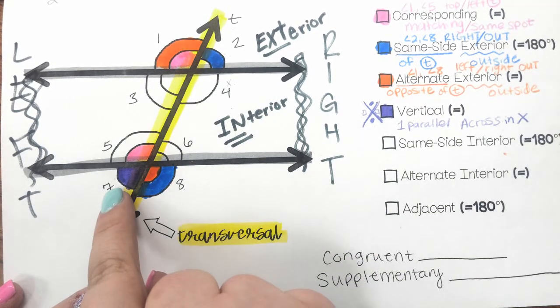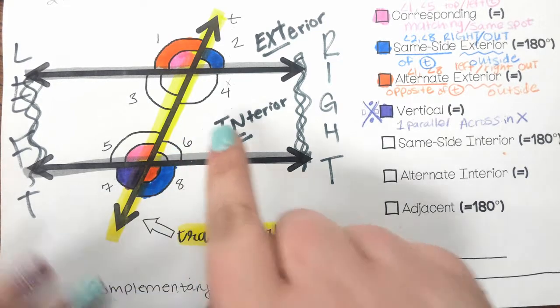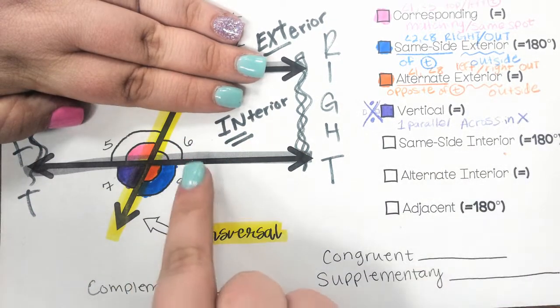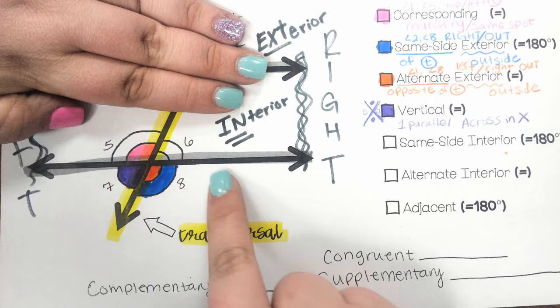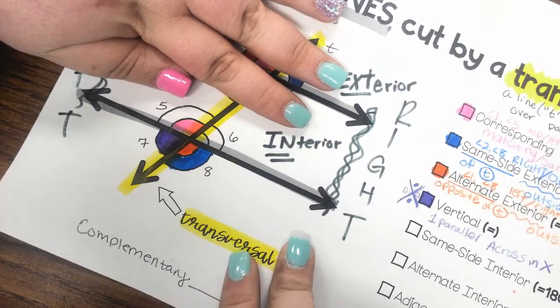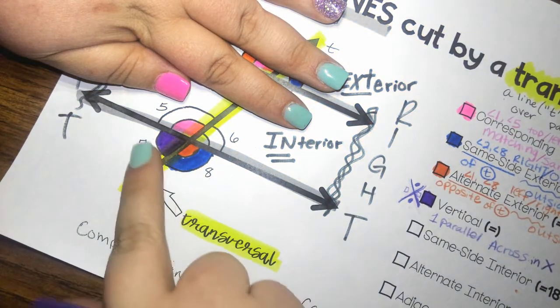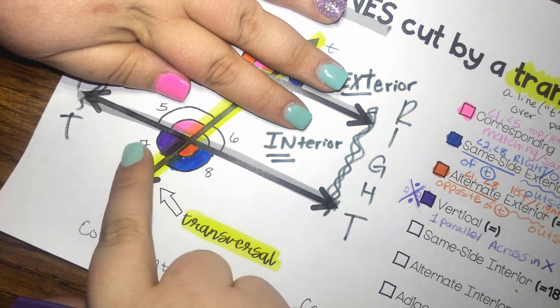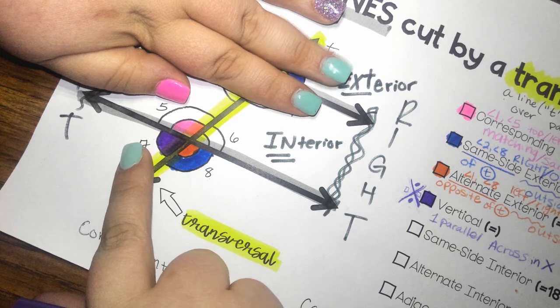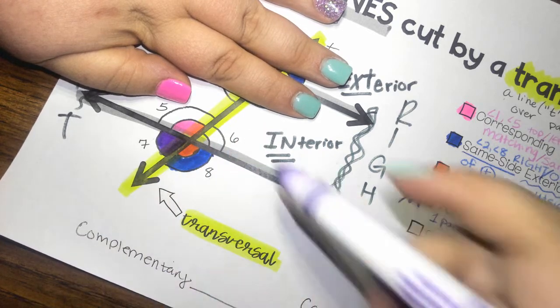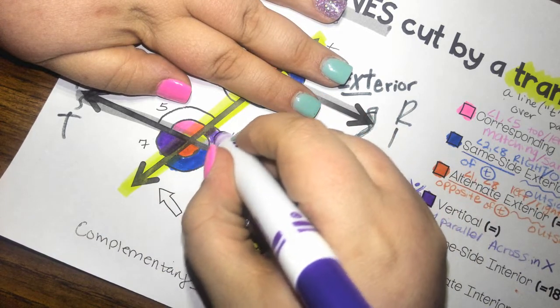So vertical across from 7 in the X pattern. If I cover that top, you can see the X pattern a little bit better. If I turn it sideways, you can see it even better. Across from the 7 in an X pattern is 6.